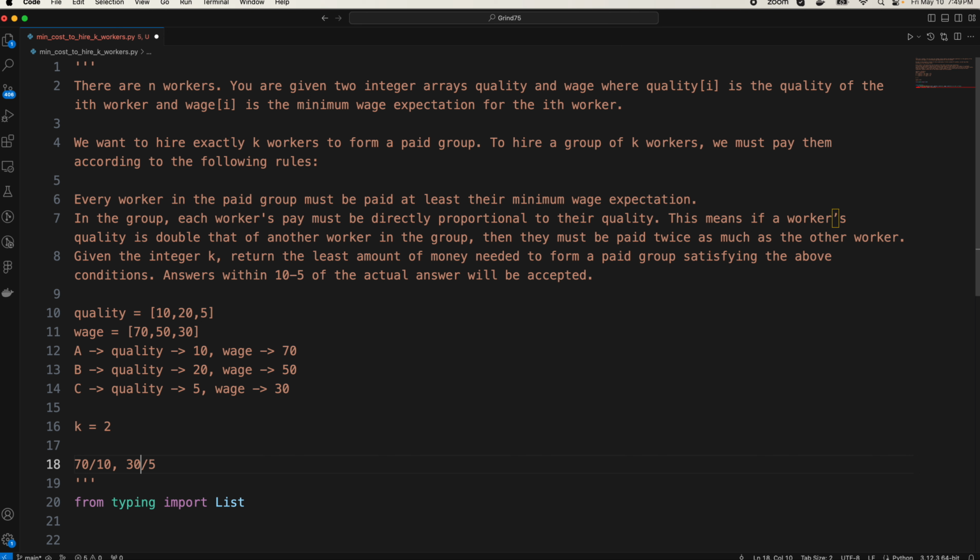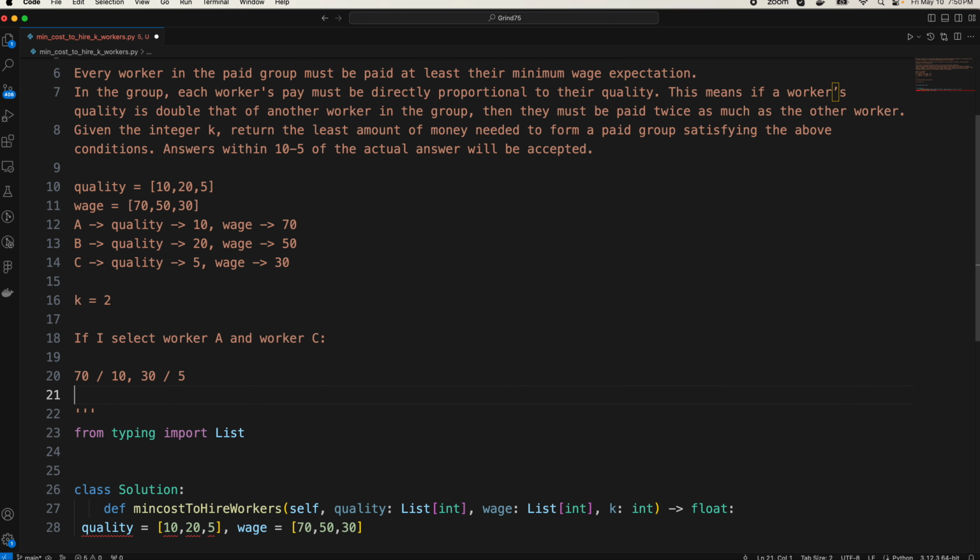It has to be proportional to the quality. So I have to pay a minimum of $7 for A and $6 for C. If I select that, then I have to at least pay $7, because this is the higher minimum wage rate in that group.